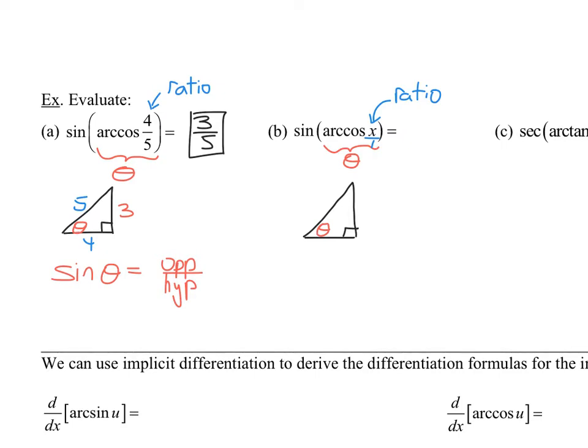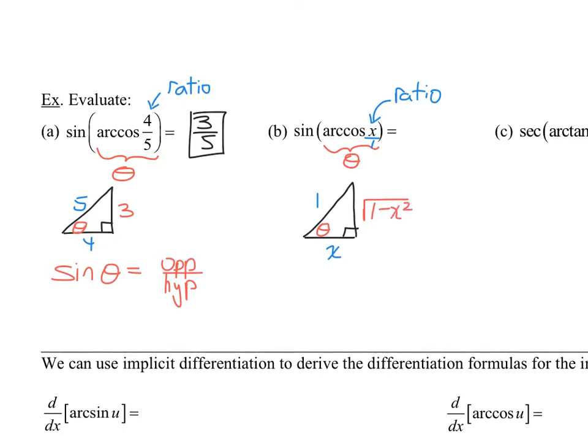All right. So again, just following the same progression, the cosine ratio is adjacent over hypotenuse. All right, so my adjacent side is x. My hypotenuse would be 1. What would my missing side be? Radical 1 minus x squared.